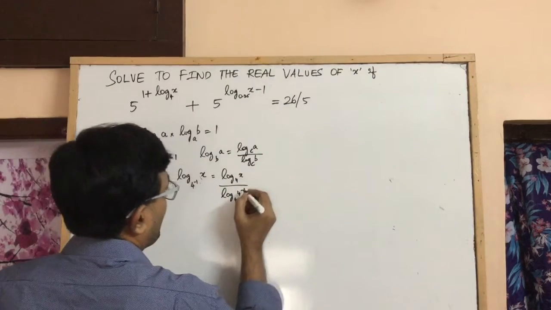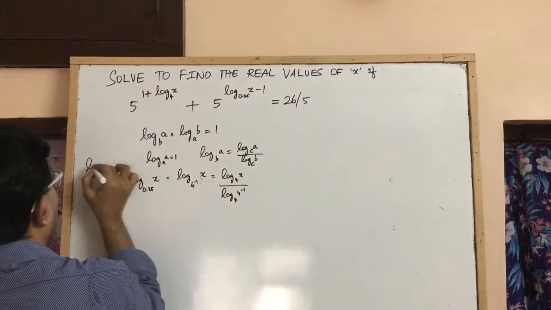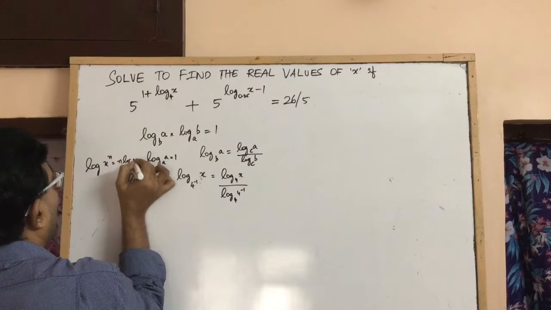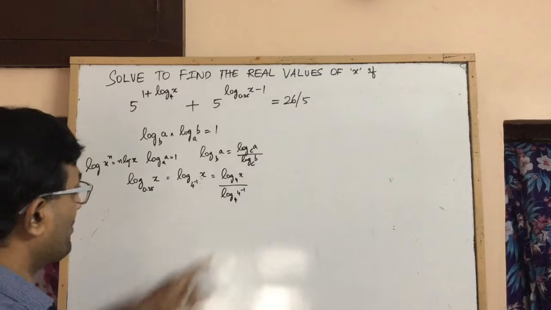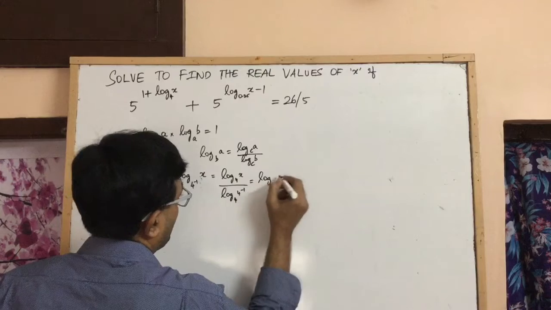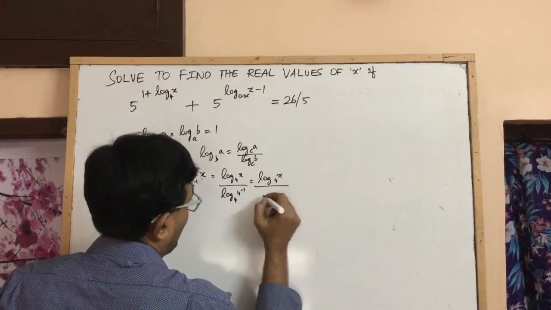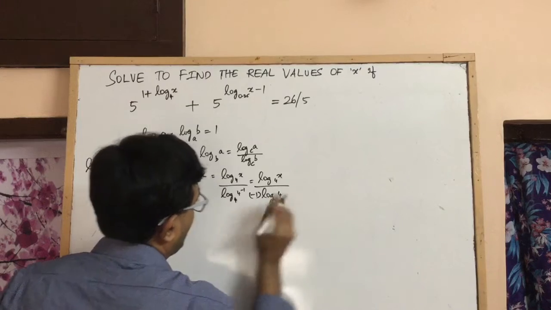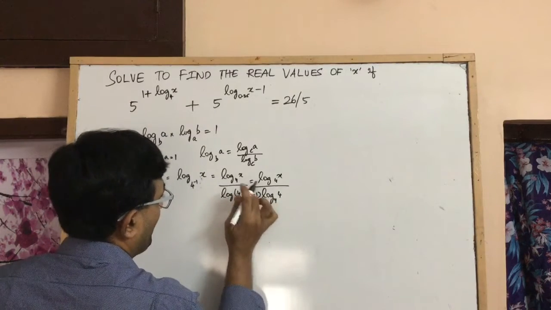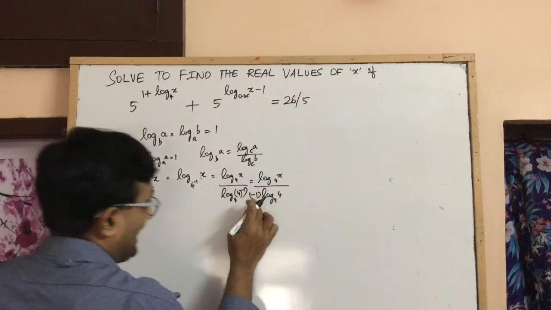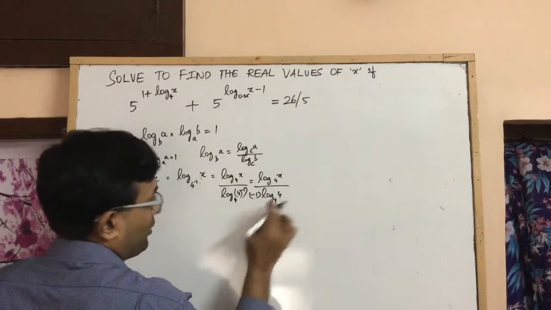So of course, we also know that logarithm of x power n is equal to n times logarithm of x. So we could write this as logarithm of x to the base 4 divided by minus 1 times logarithm of 4 to the base 4, because this is logarithm of x power n, right? So this we could write as n, which is minus 1 times log 4 to the base 4.